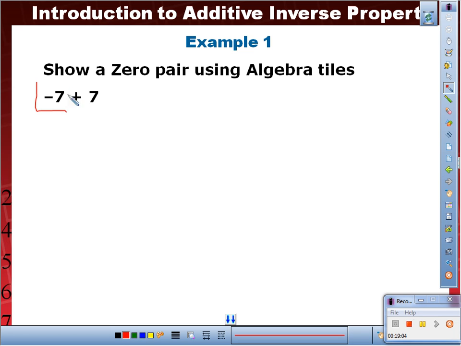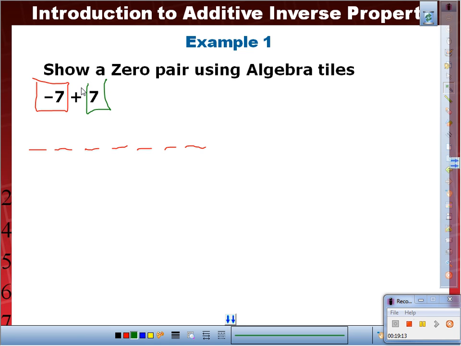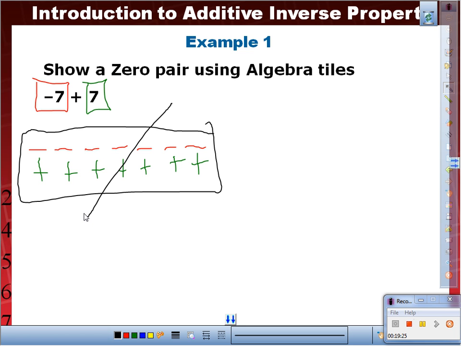What number do I start with first? 1, 2, 3, 4, 5, 6, 7. What's my second number? 1, 2, 3, 4, 5, 6, 7. -7 and +7, these match up. That means this is a 0 pair. That's how you use that. If you want to copy that, that's the last thing you copy. So you can have as reference for tonight's homework, because they're asking you to use integer tiles or algebra tiles. Okay?